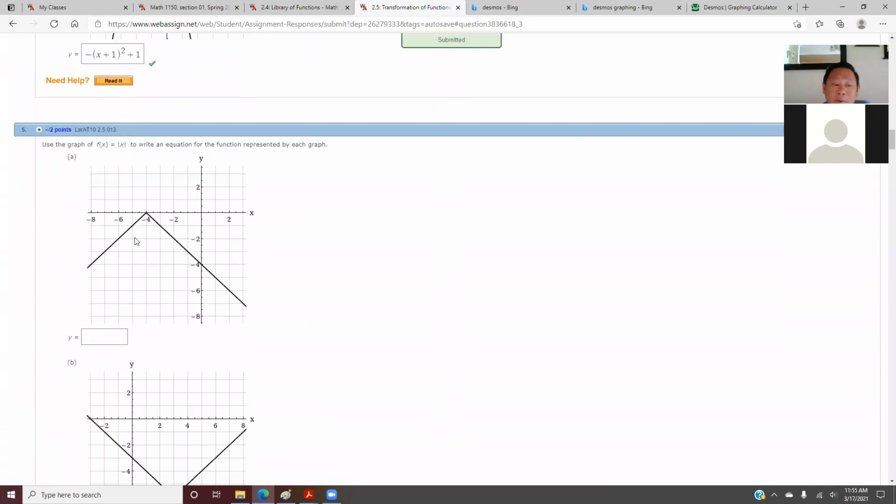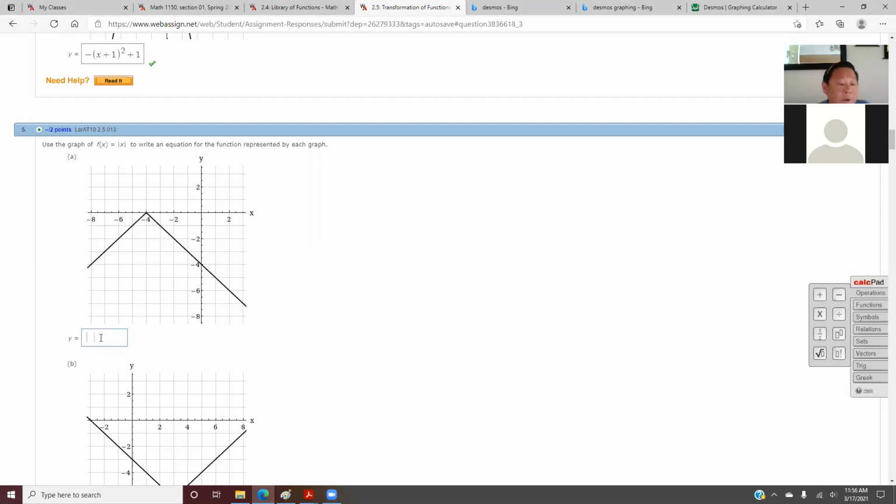You want to try to do this one? This is an absolute value graph. Absolute value graph usually is a V shape. Can you tell me what transformation we have for 5A? Do we move left, right, up, down? So we move left 4 times. So left 4 times means absolute value of what?